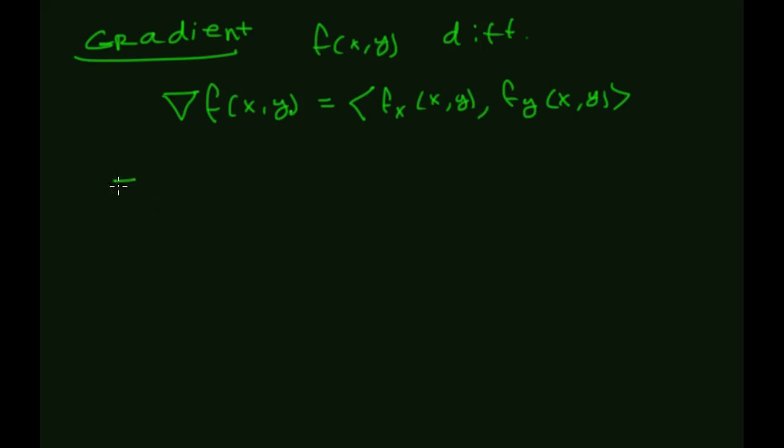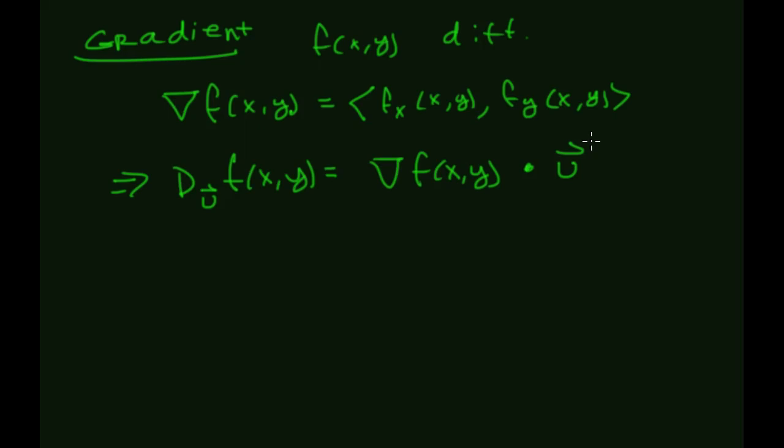So if you follow here, then the directional derivative at x, y is actually the gradient at x, y dotted with u. That makes this a little bit simpler to carry around.